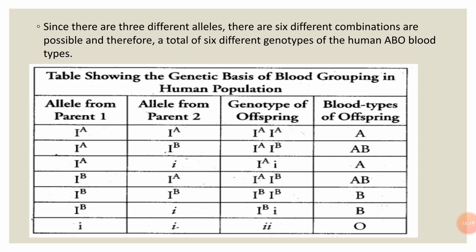So what we can say is that whenever there is a capital IA and capital IB, they are going to express themselves. If IA is present with IA or small i, it is going to be blood group A. If IB is present with IB or small i, it is going to be blood group B. If small i is present with small i, the blood group will be O. Only if it has IA and IB is the blood group going to be AB.